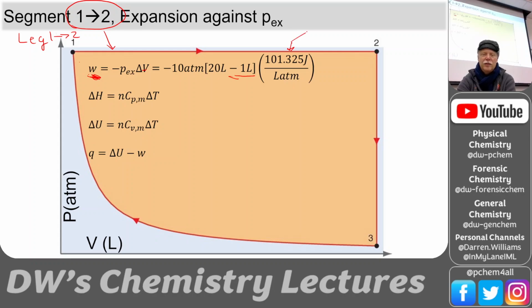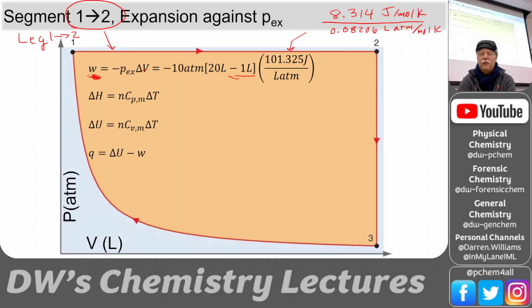But you can remember this one because this is your two gas constants. So you have 8.314 joules per mole Kelvin divided by 0.08206 liters atmospheres per mole Kelvin.